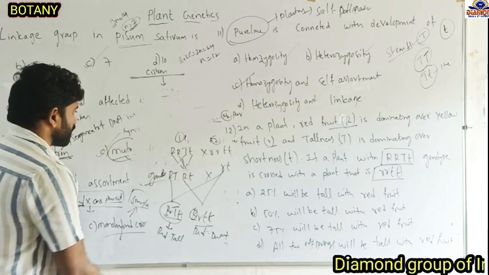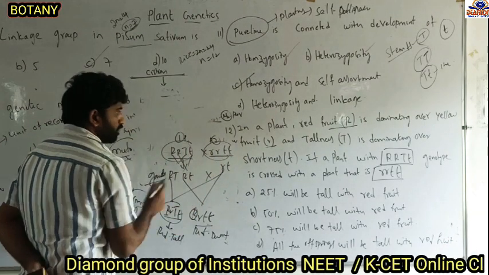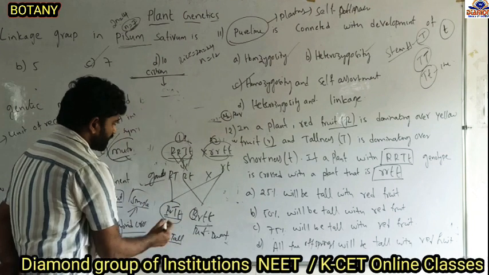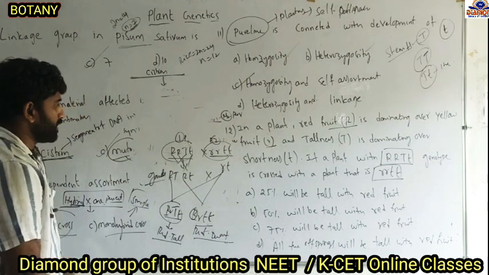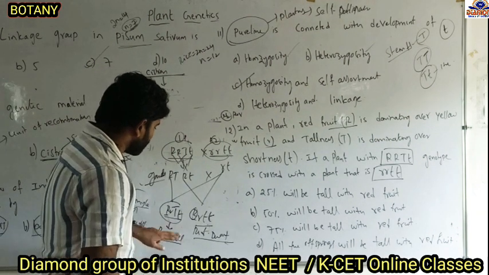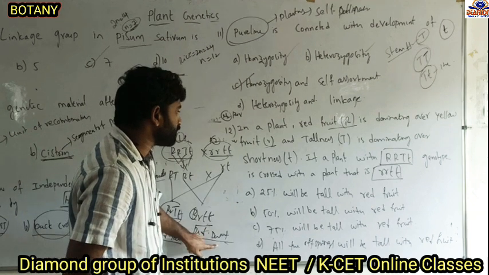See now, the two parents are crossed and give two offspring: one is tall red fruit and the other is dwarf red fruit.